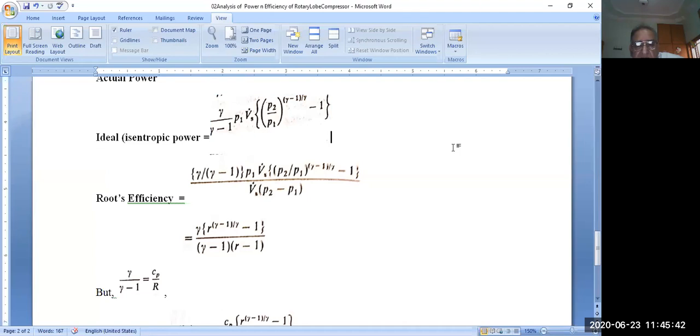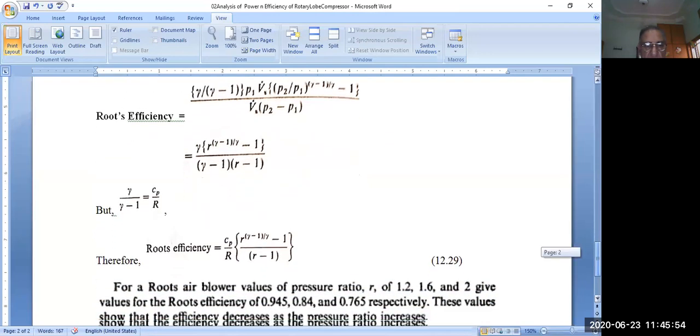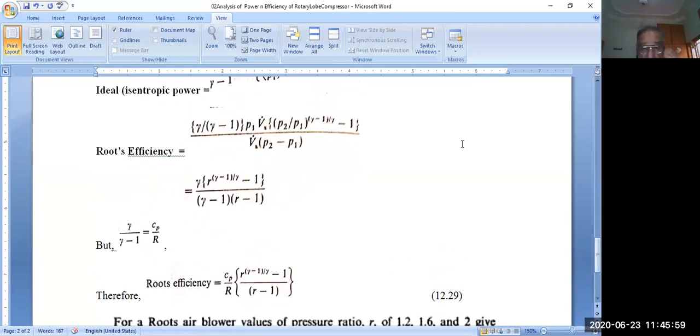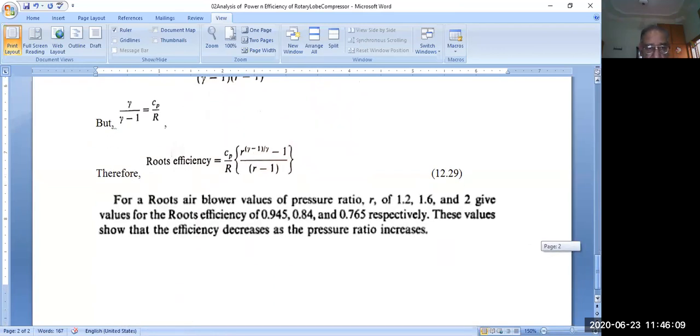The only difference is the polytropic process compression formula, we replaced n with gamma, so that becomes the isentropic process. After that we put in actual values of isentropic work divided by actual work. After algebraic calculation we arrive at this, and we know gamma upon gamma minus 1 is equal to Cp upon R. So we replace with this, and finally we have proved this equation.